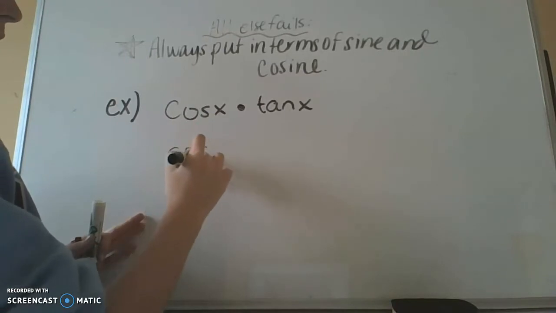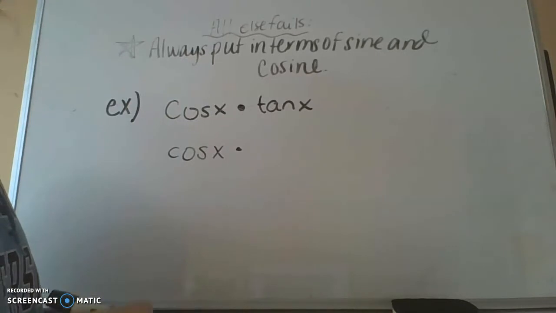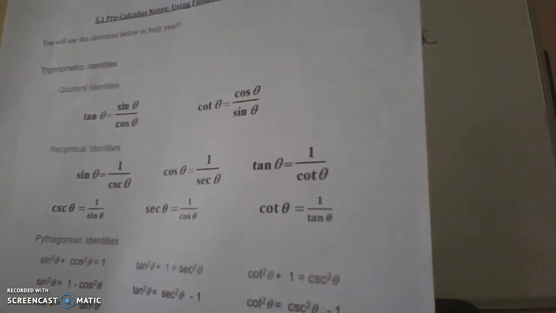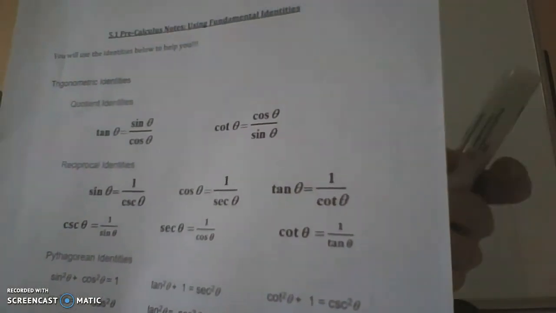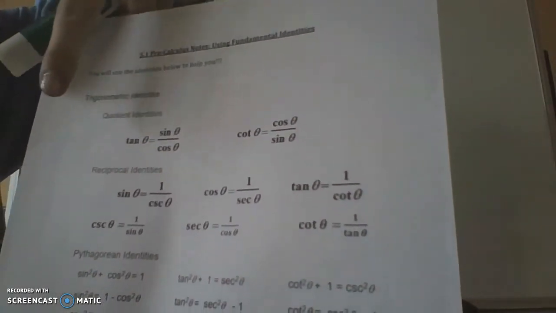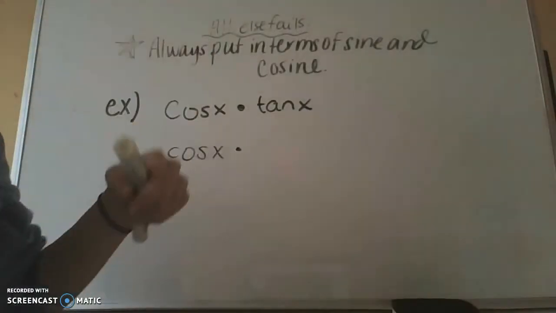So I'm just going to rewrite cosine. But tangent, I can put that in terms of sine and cosine. Again, go to your identity sheet. We're going to look at it and see where it is. Tangent, right up on top here. Tangent is sine over cosine. So what am I going to do?